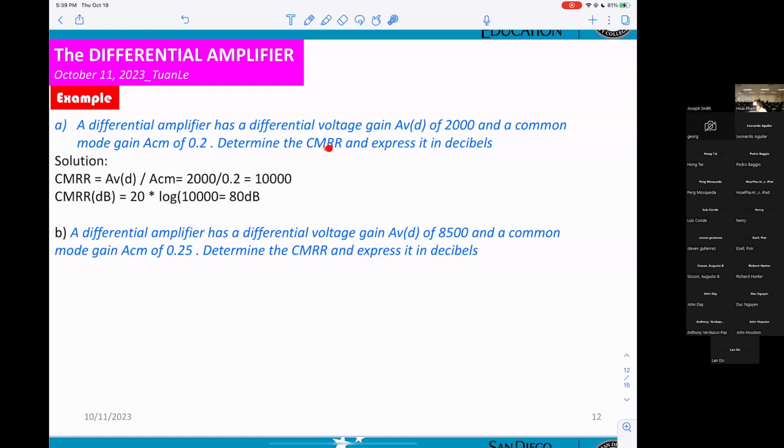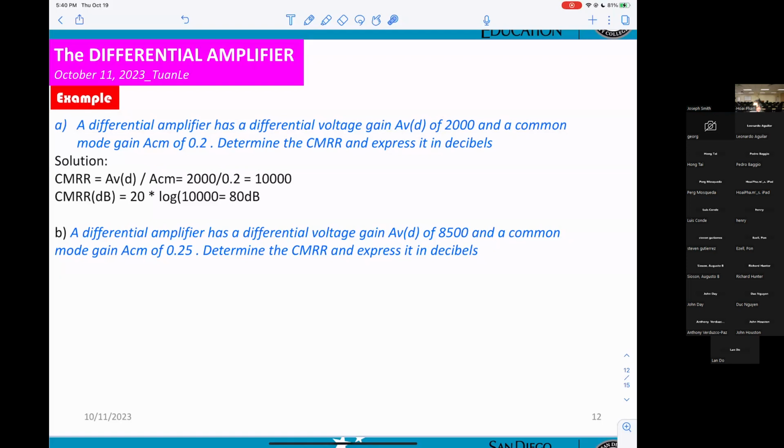They want to know the CMRR expressed in decibels. Solution. Common mode rejection ratio equals differential gain divided by common mode gain. 2000 divided by 0.2, you get 10,000.